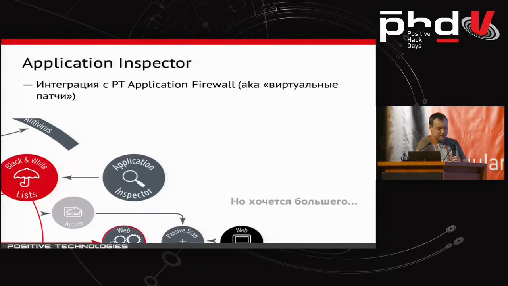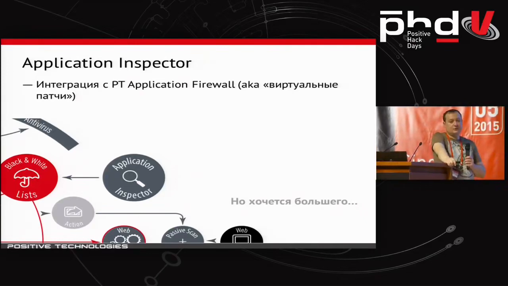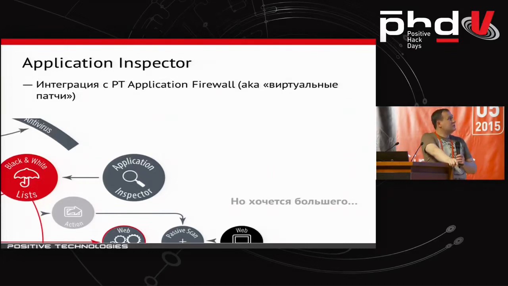On the first stage of development, we learned to integrate with our PT Application Firewall. We found the vulnerability and built the exploit, with a number of parameters. Speaking about the web application where you exploit the vulnerability, nothing stops us from building information for PT Application Firewall so that it would recognize this entry point.